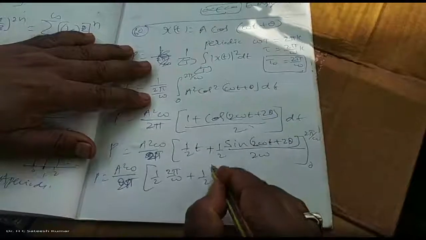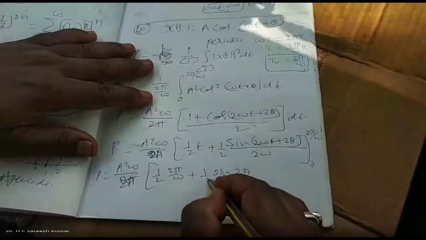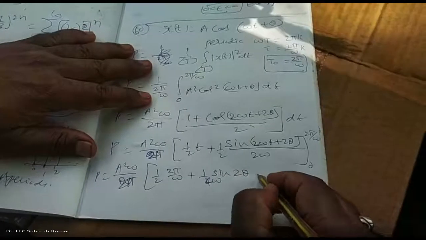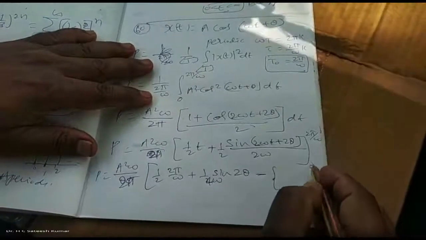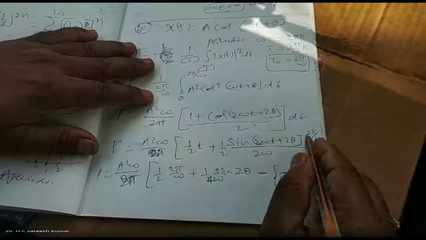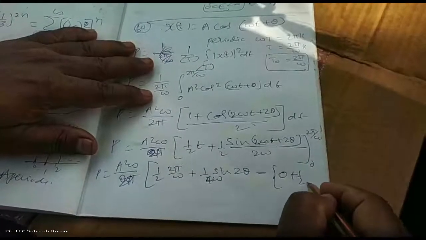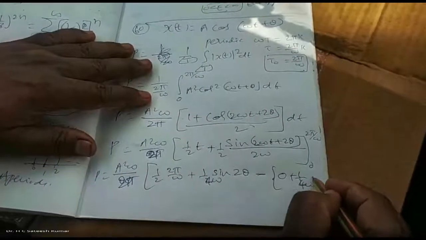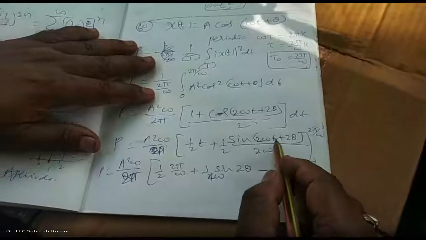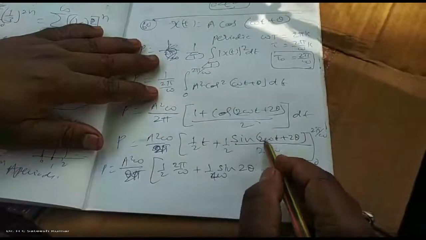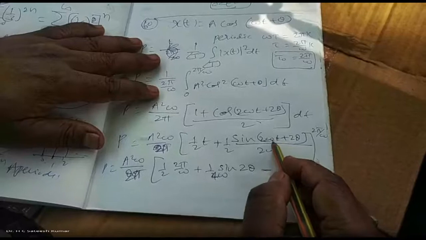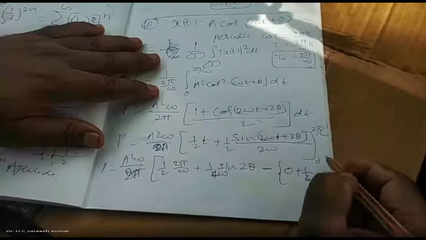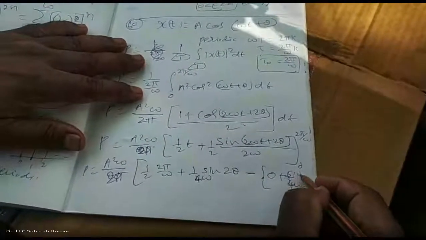So this is 1 by 4 omega, minus the lower limit. Lower limit is 0, plus this half into 1 by 2 omega, put 0. Omega t is 0, therefore sine 2 theta you will get.